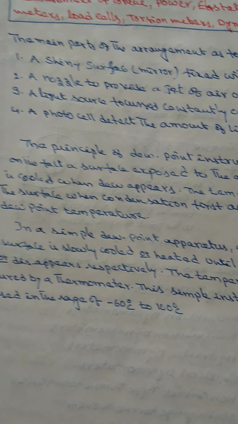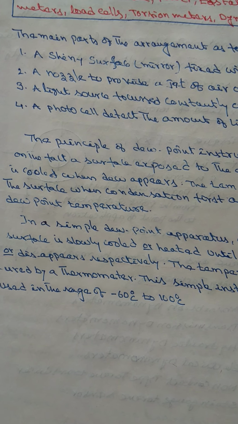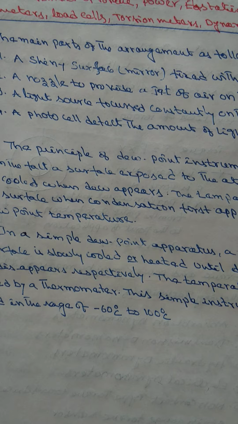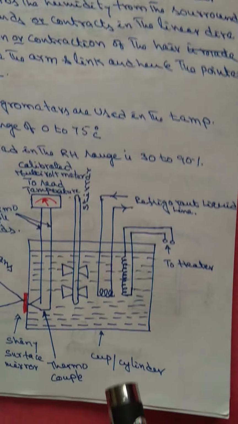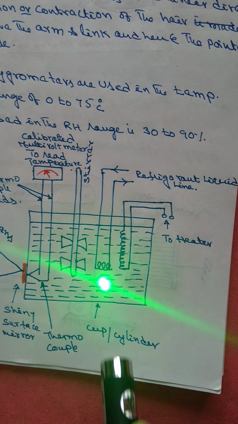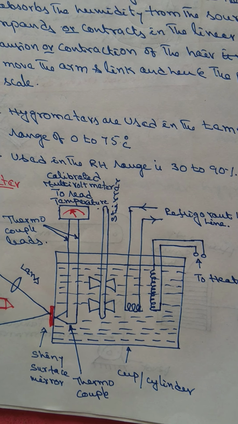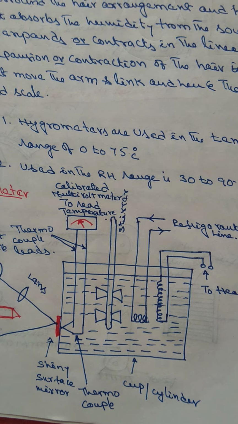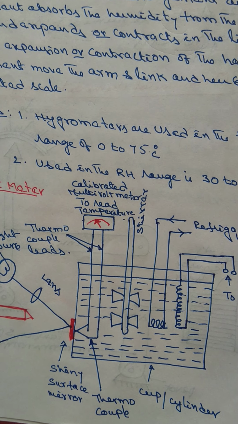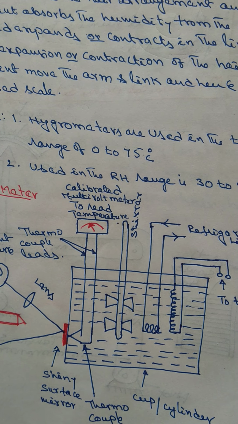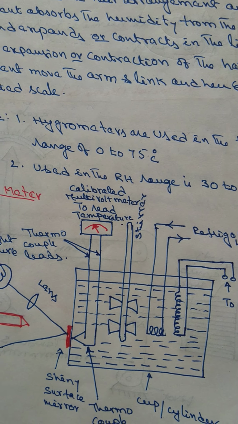In a simple dew point apparatus, a polished surface is slowly cooled and heated until the dew appears. Here you see why we set up the heater, refrigerant liquid, pointers and two light sources: we want a dew droplet to come from the atmosphere onto the surface, and the temperature at which it appears we measure, which is called the dew point temperature.